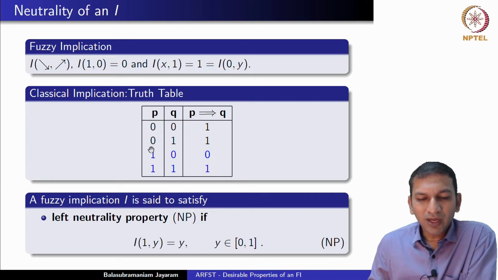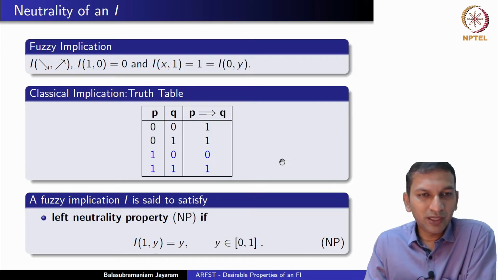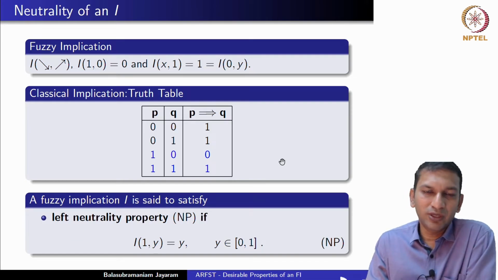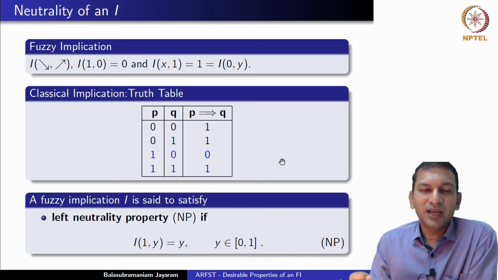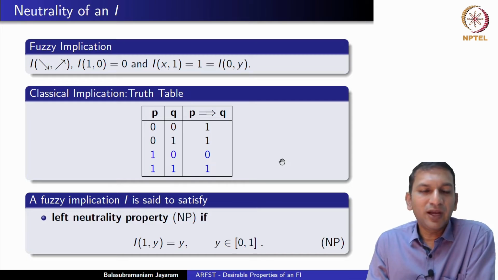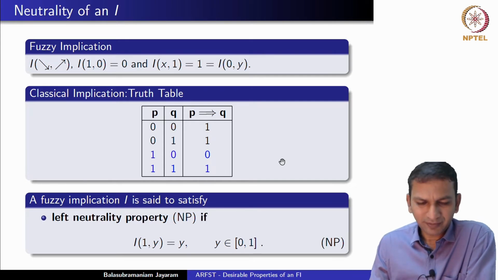So it appears that 1 plays the role of a left neutral element, and this has been captured as the left neutrality property, and typically it is also shortened to just the neutrality property. We say a fuzzy implication I has this neutrality property if I(1, y) = y for every y in the unit interval [0,1].